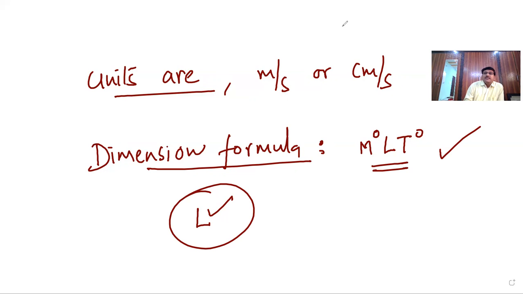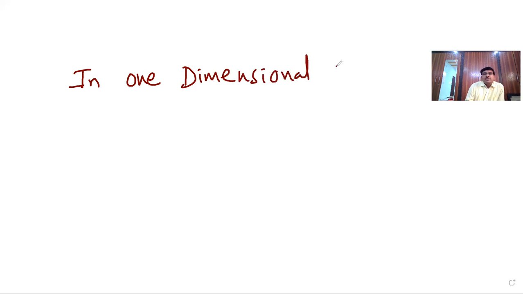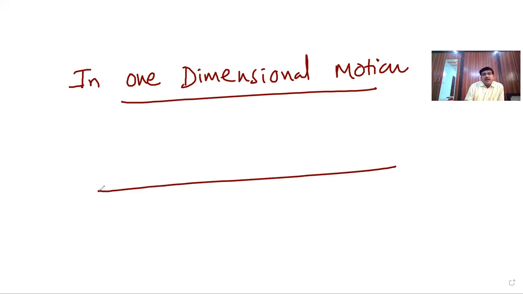Now, let us take up some examples to explain this concept, displacement. Observe, in one-dimensional motion, this straight line motion, let us say this is the origin. Clear?